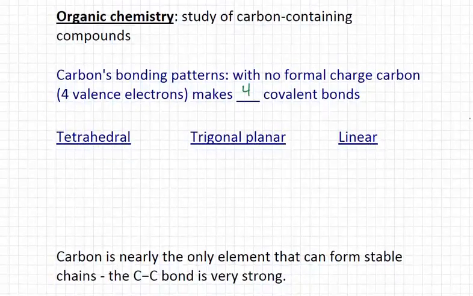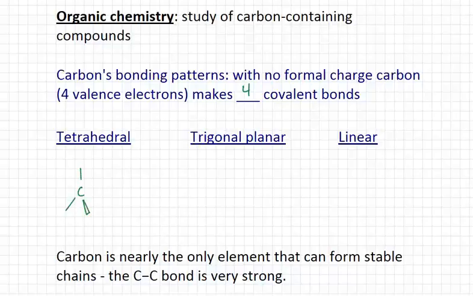So let's look at the main bonding patterns that carbon has. Tetrahedral is when something has 4 bonds to it like that, and I'm going to draw one wedge coming out towards you and one dashed line going back away from you, something like that.